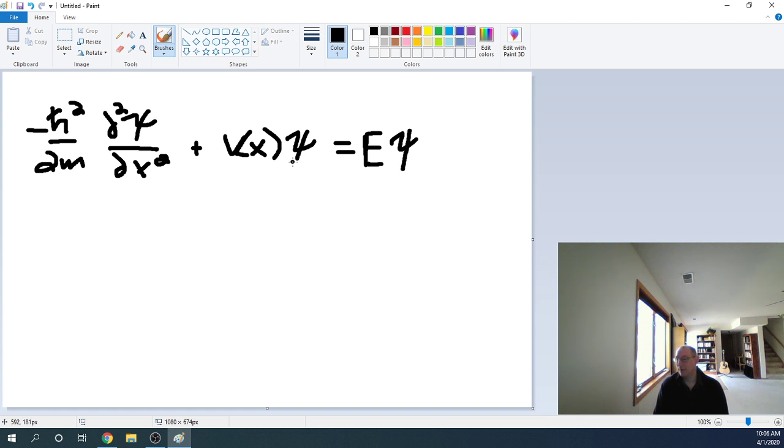One that goes like, for instance, 1/2 kx squared is the classical harmonic oscillator potential.